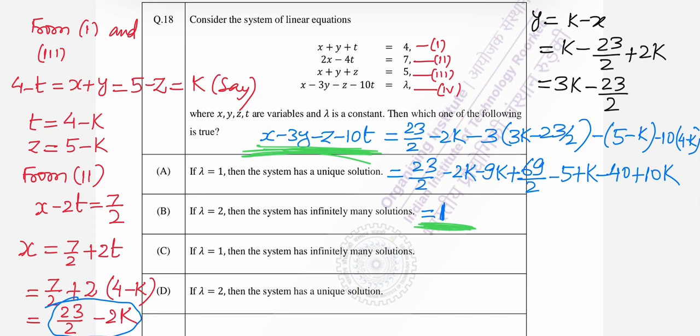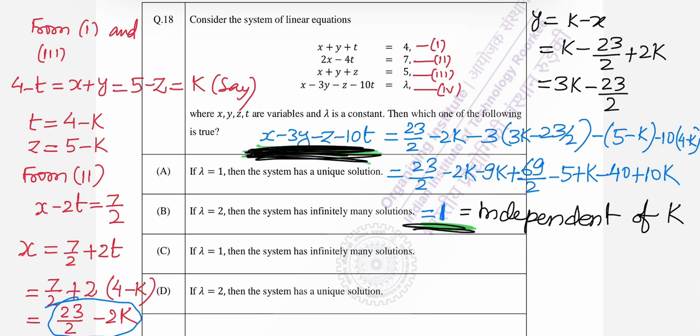It is independent of k. It means that whatever be the value of k, the value of this thing is 1. So it does not depend on k. It means it does not even depend on x, y, z and t.